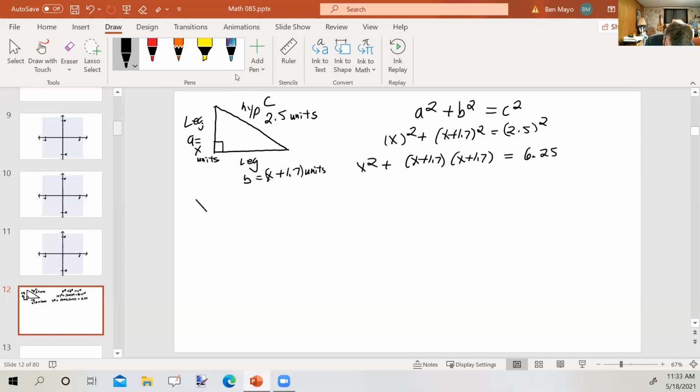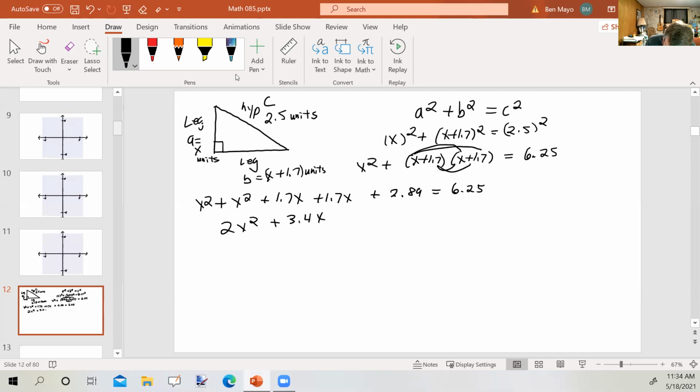Continuing on the left side, we get X squared plus X squared plus 1.7X plus 1.7X plus 1.7 times 1.7, which is 2.89. Let's see, 1.7 squared. Yep. So it'll be 2.89 equals 6.25. Combining like terms, 2x squared plus 3.4x plus 2.89 equals 6.25.